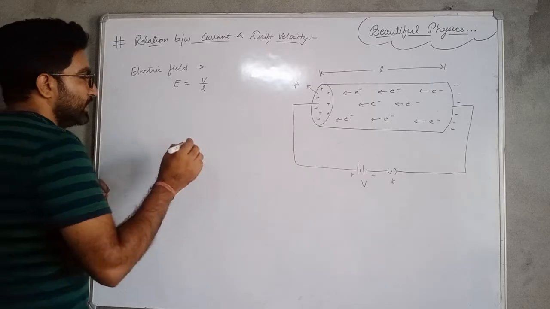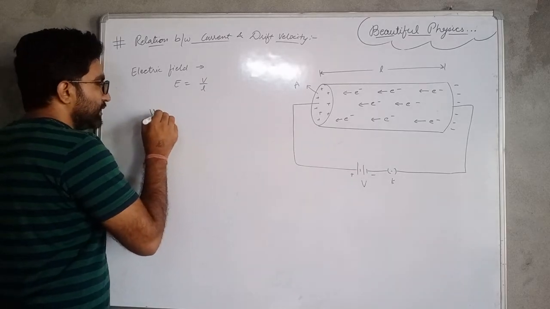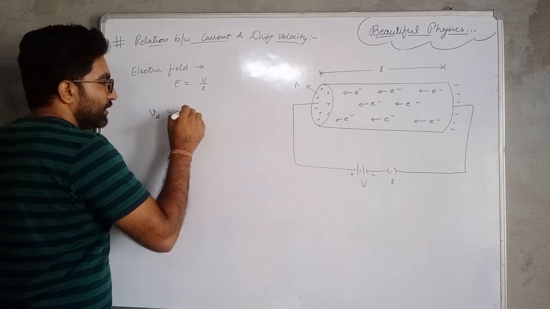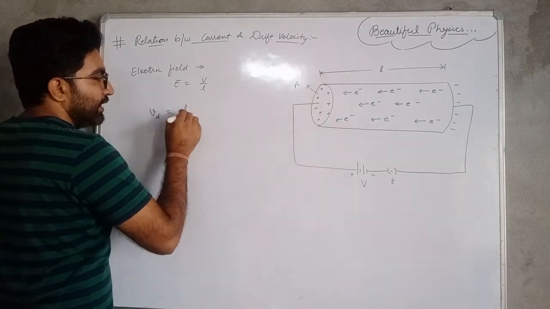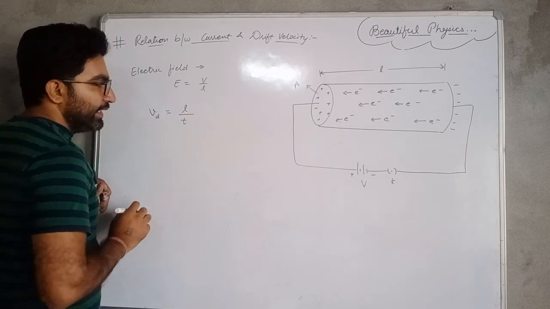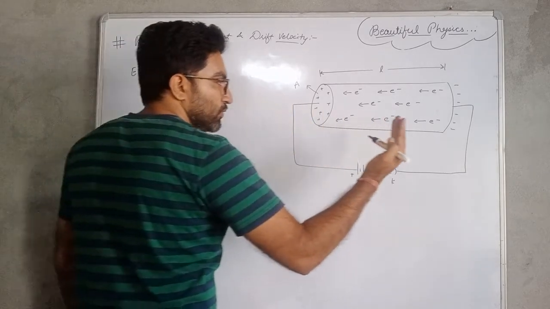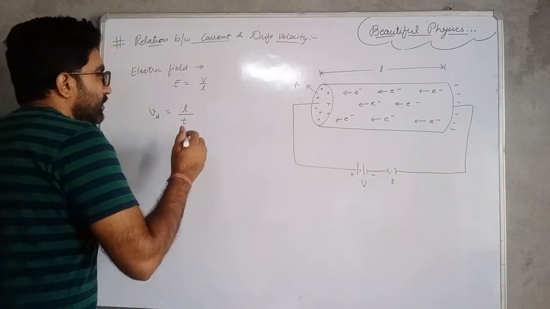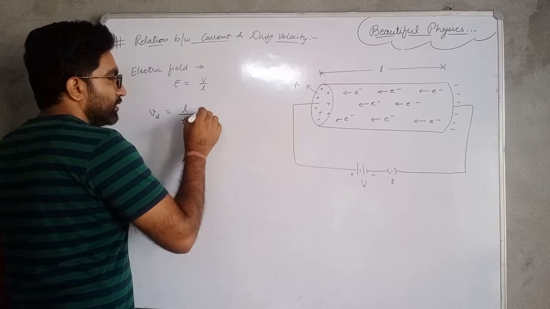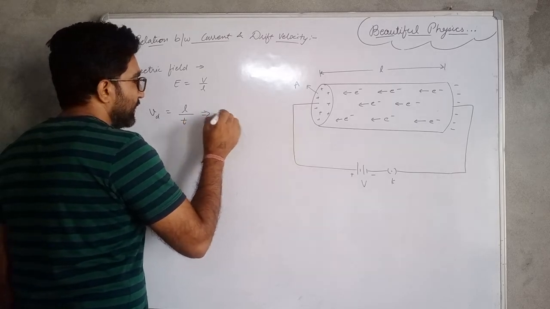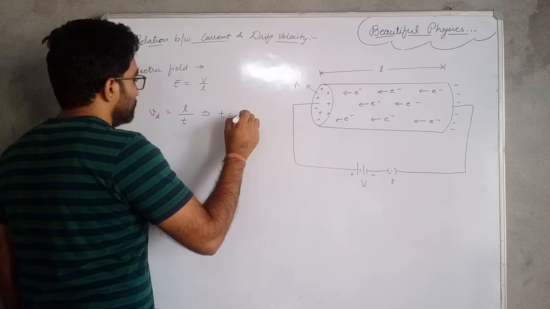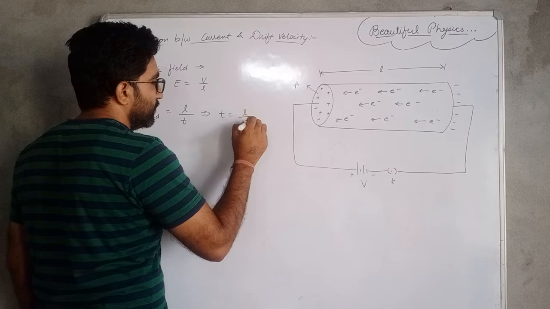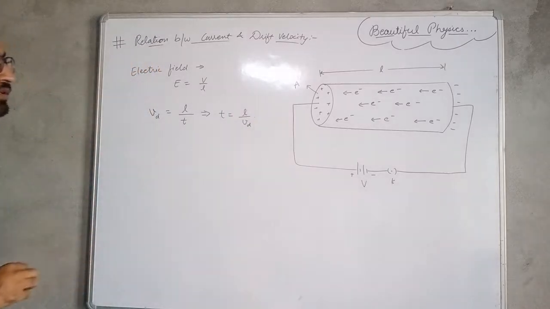So the drift velocity Vd is equal to length upon time. Here the length of the conductor is L, and suppose in time t they drift from the negative terminal to the positive terminal. From there we can find the time, which will be equal to L upon Vd.